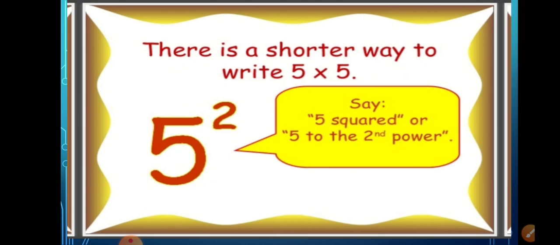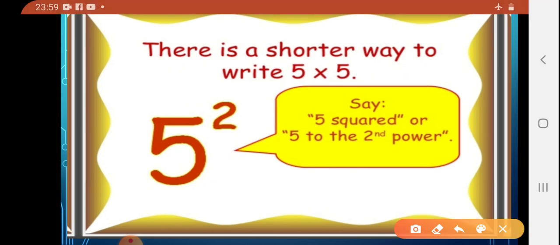There is a shorter way to write 5 into 5. How do we write it? 5 to the power 2. How do we read it? We say 5 squared, or 5 to the second power, or 5 to the power 2.